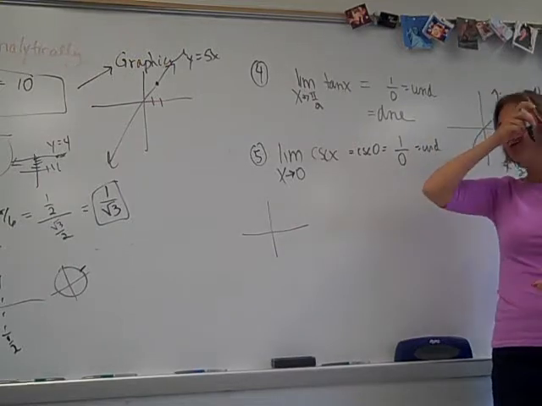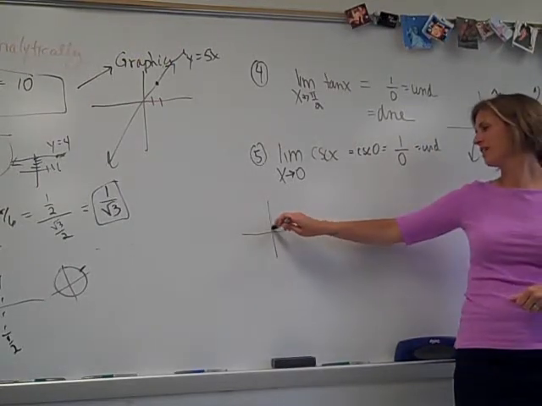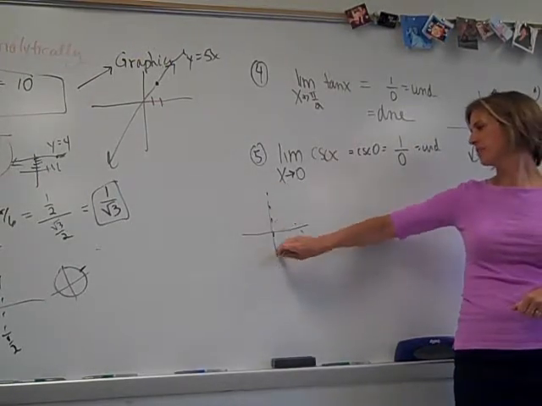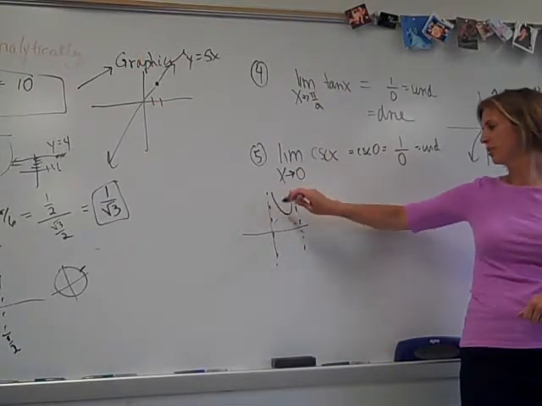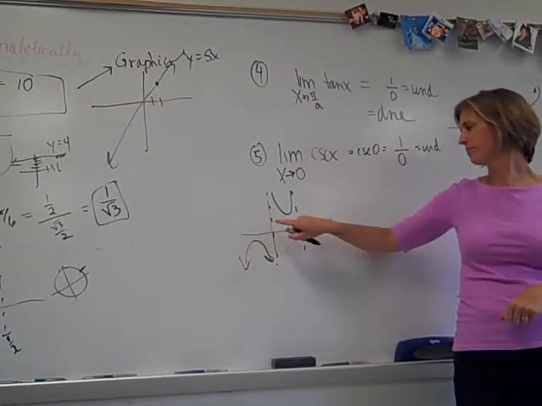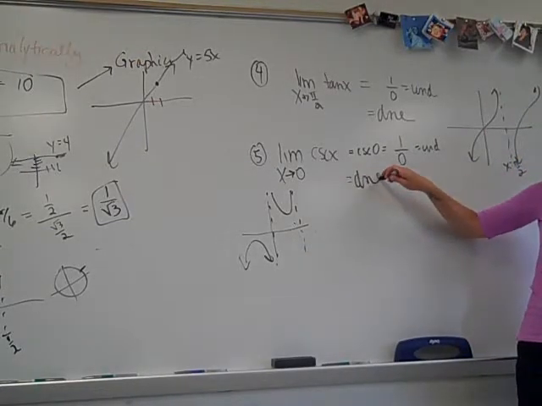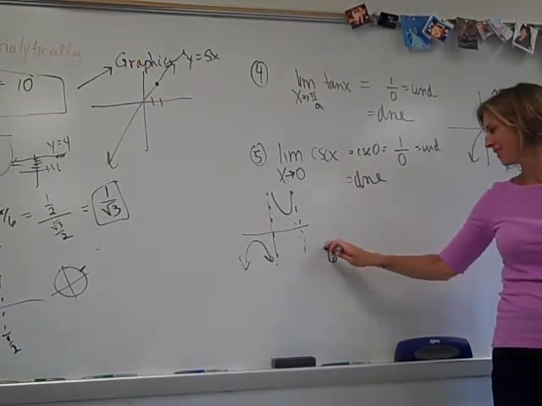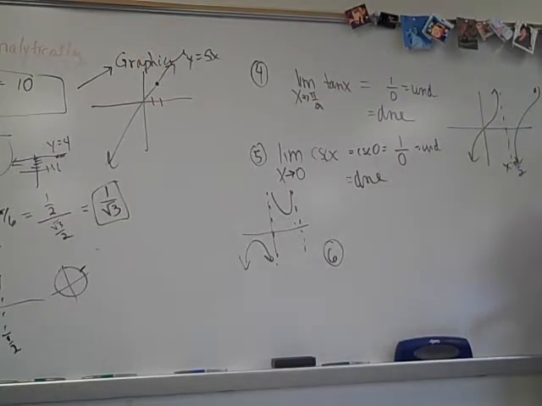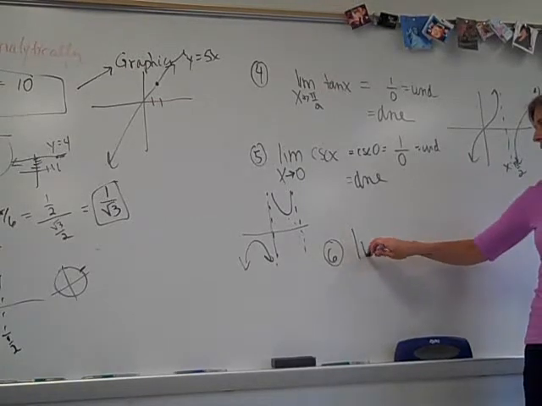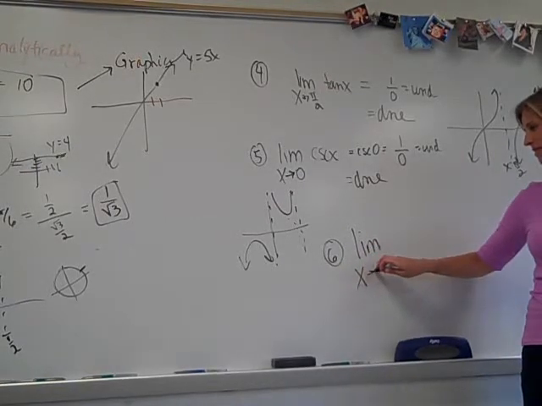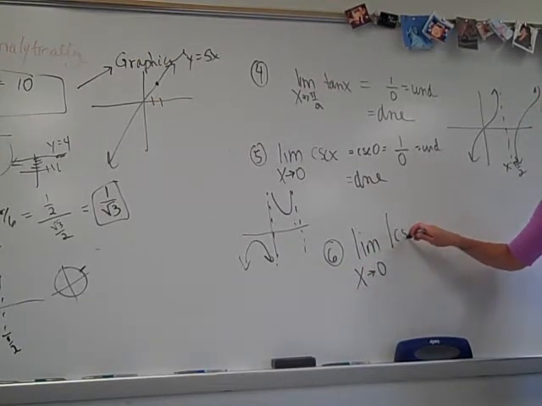Because when I graph that, cosecant goes with sine, right? So if this is sine, asymptote, asymptote, loop, loop, what is it going to be? DNE. DNE. Okay, you're not going to foil me. You just have to graph it in your head. Or on the paper. But what about this, smarty pants?